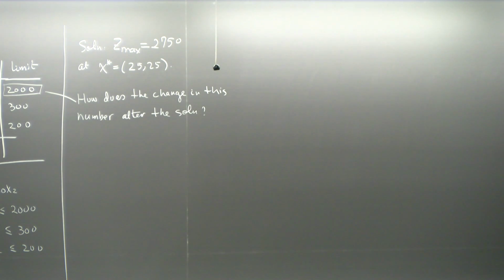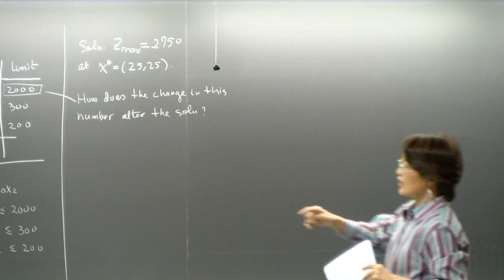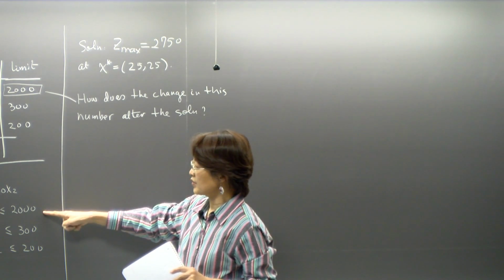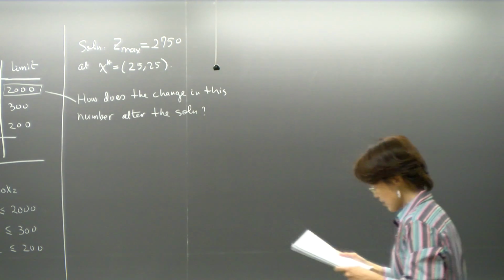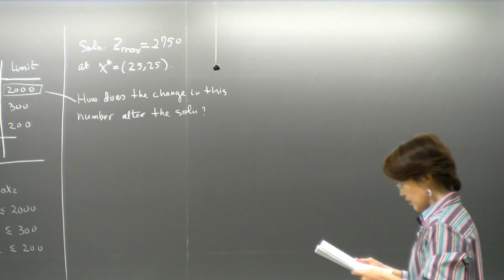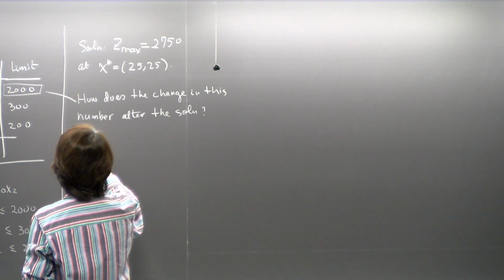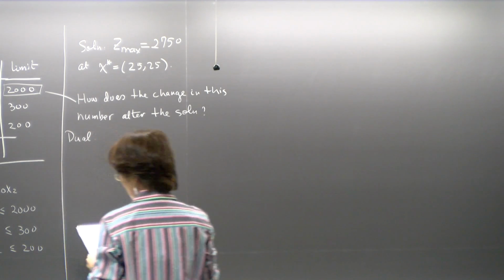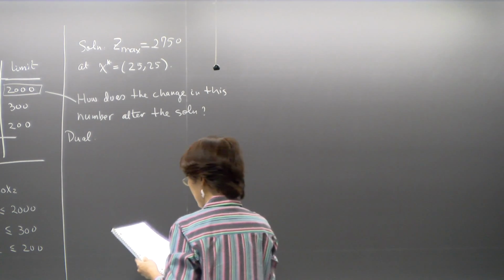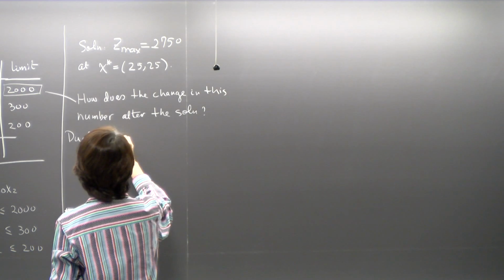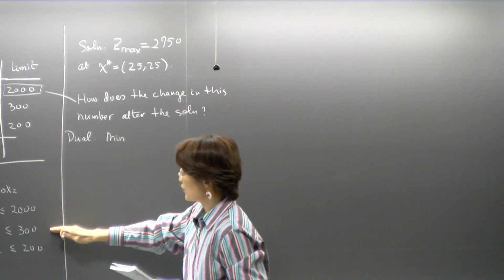Okay, so this is changing something in the constraint. I will be changing the constraint. It's not so nice to see. So let's write out the dual and try to get some help from the dual. For the dual, I'll be putting up 3 variables, one for each constraint.